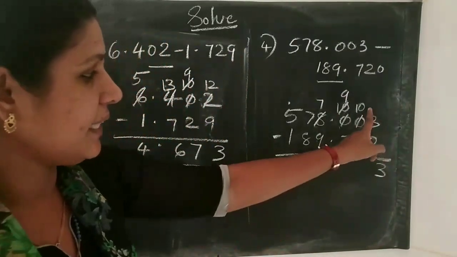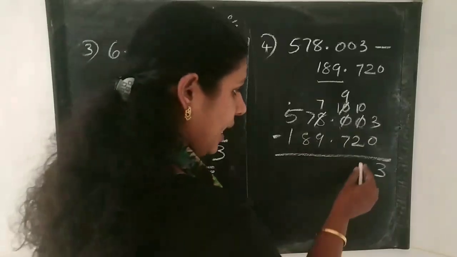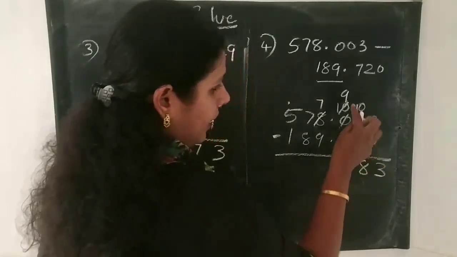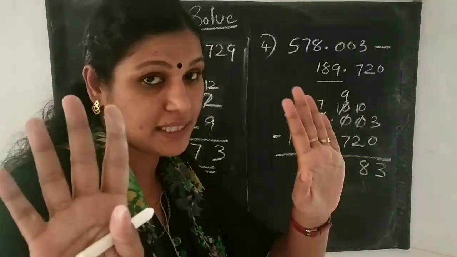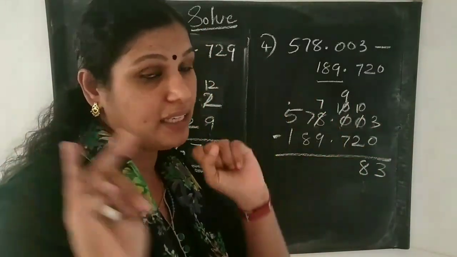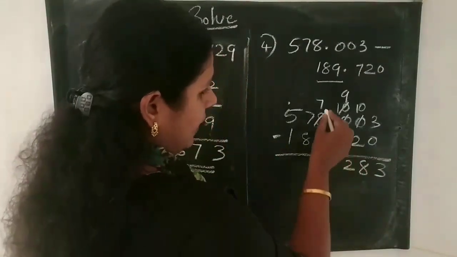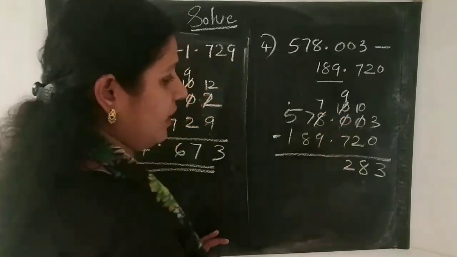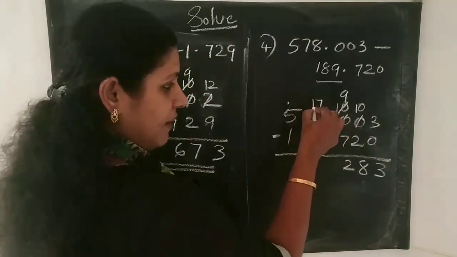Okay. Then 10 minus 2. 10 minus 2 is what? That is 8. Then 9 minus 7 is what? 9 minus 7, we get 2. Then 7 minus 9. It's not possible. So we borrow 1 from this 7.